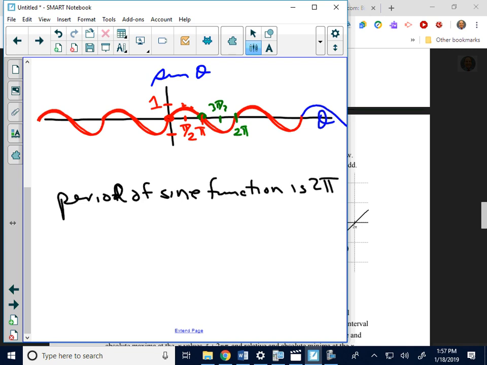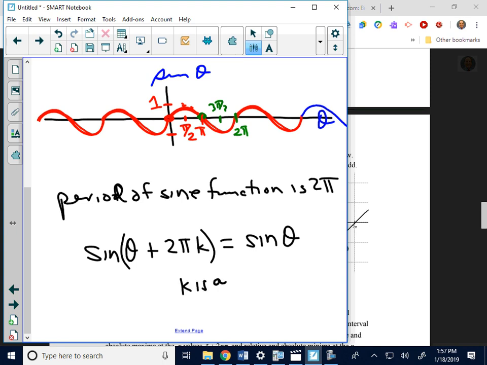And this is the way he writes it: the sine of theta plus 2 pi k, now that looks weird, is the same as the sine of theta. And there's a little subscript that says k is any integer. This talks about the period of the sine function.